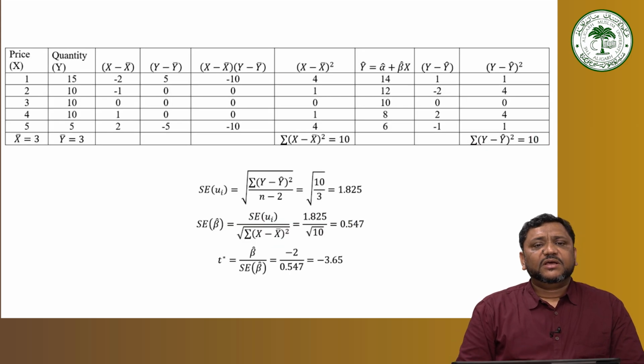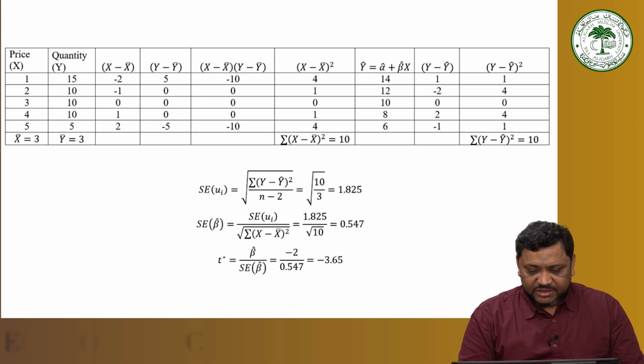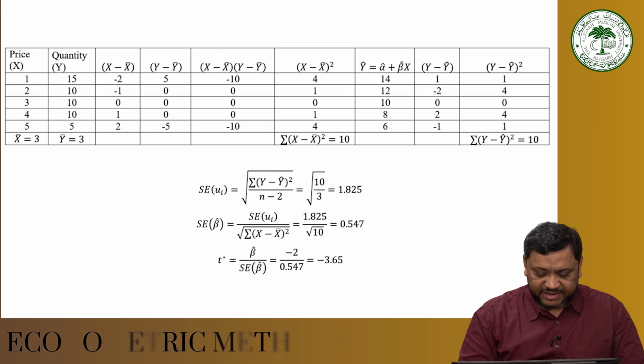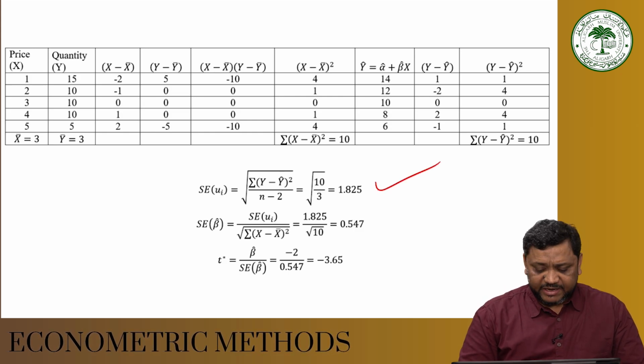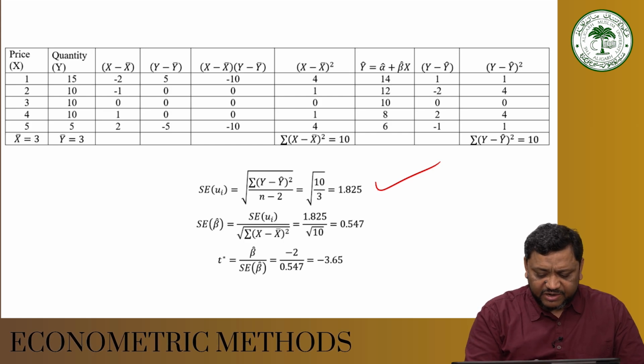We need this for testing the significance of the individual coefficient, that is for beta. Once you are done with this calculation of the standard error of the regression, the standard error of U, of the error term, then we go for the standard error for beta.